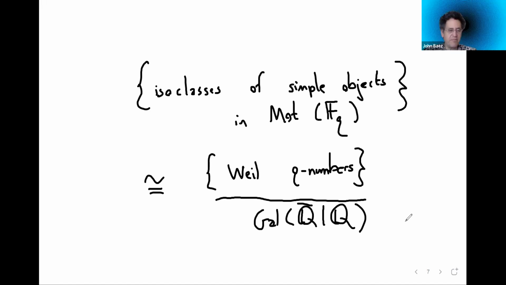I was really happy to learn this stuff and surprised that more people didn't seem to say this stuff. People seem to talk a lot about how mysterious motives are, but this makes them seem a little less mysterious, except of course for the fact that they need the Tate conjecture to prove this stuff.